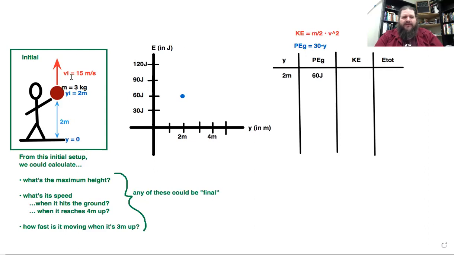We know the velocity, 15. So 3 times 15 squared divided by 2 would be 225 times 3/2. So 337.5 overall. So that is the kinetic energy at this point.